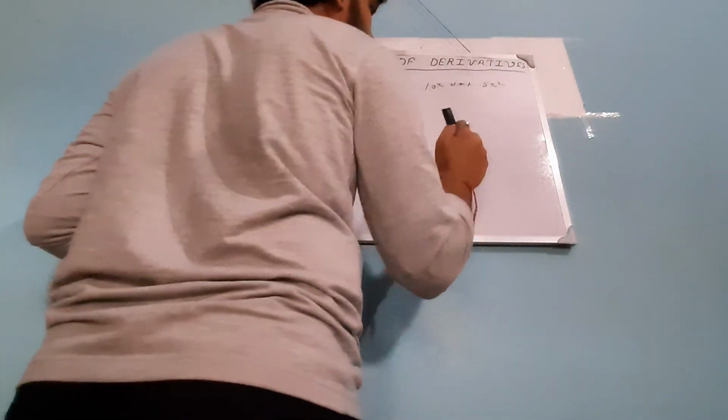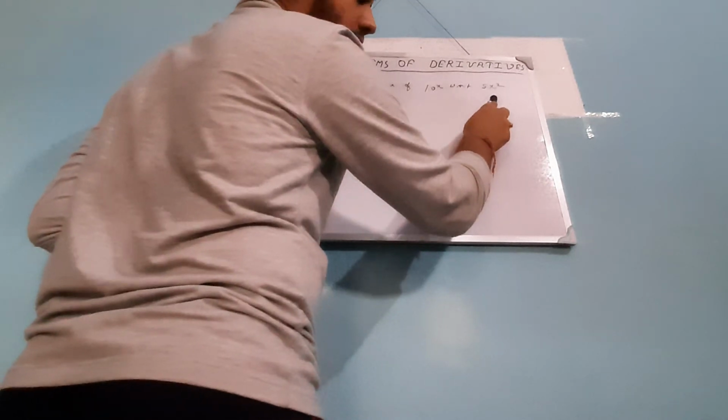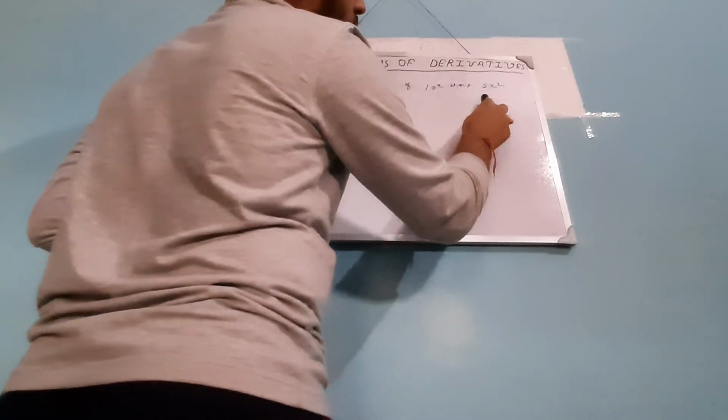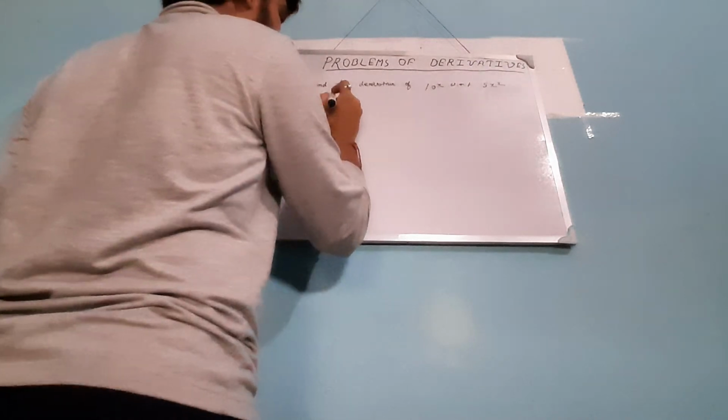So friends, our next problem is: find the derivative of 10 to the power x with respect to 5x square. I have written it in short form. In the previous problem it is the same also.